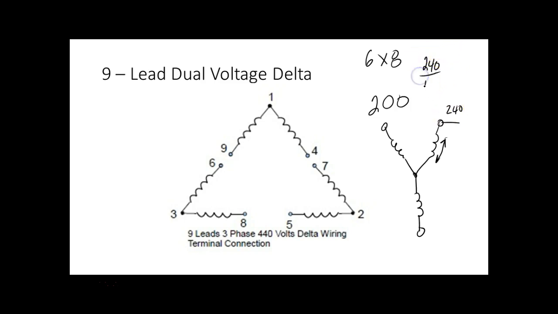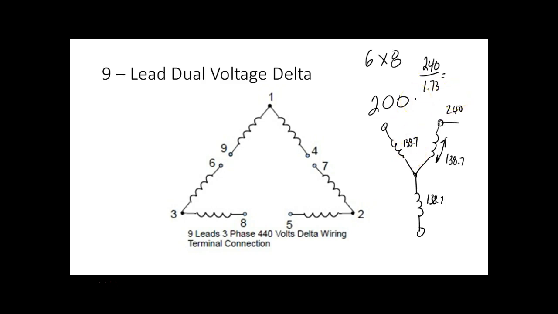So 240 divided by 1.73 would give me what? Maybe it's 220. Yeah, that's okay.